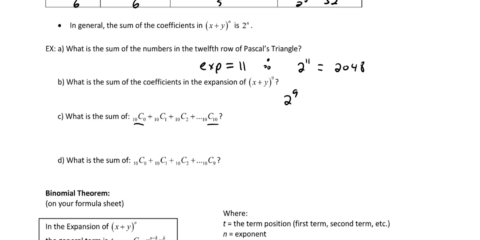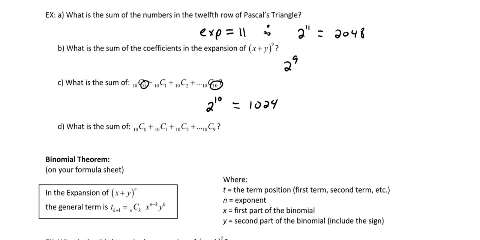If you wrote it all out, there'd actually be 11 terms there, right? But our exponent would be 10. Which kind of makes sense, right? If we started at 0 here and we ended at 10, the numbers 0 to 10 would actually be 11. So that's how many terms we have. But then that means our exponent would actually be 10. So then this would just be 2 to the power of 10, which is equal to 1024.